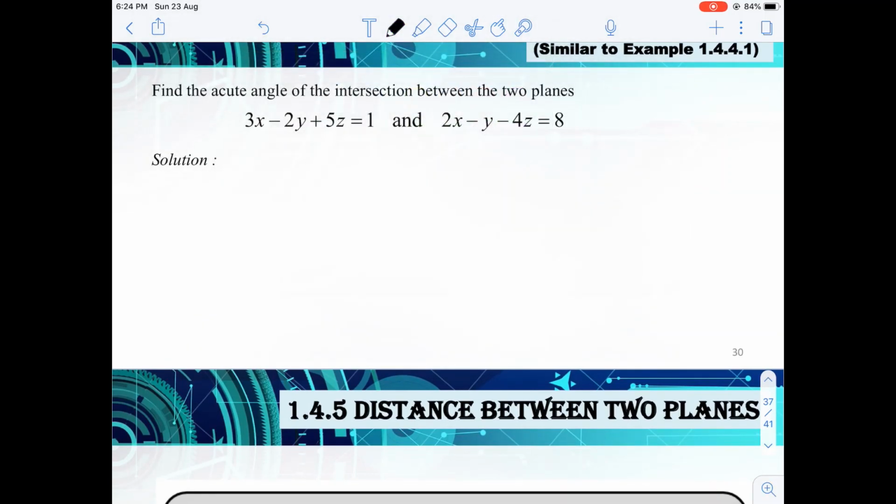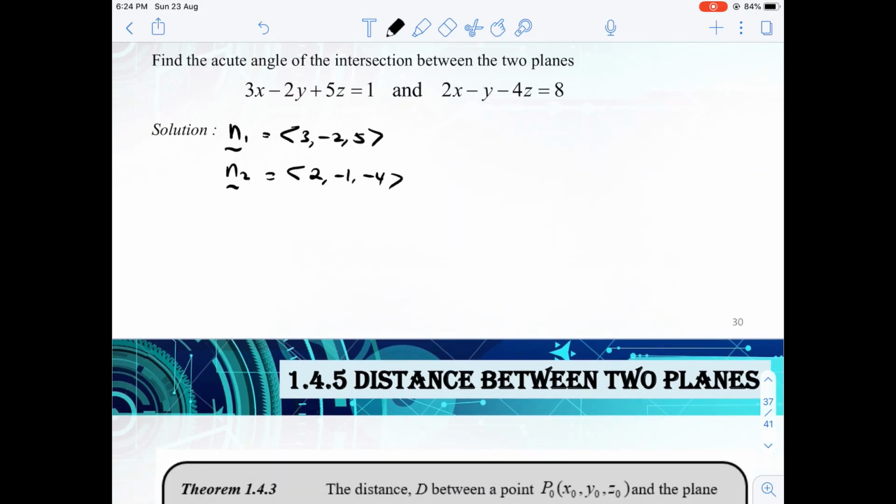So let's take out the information given. We have n1 equals 3, -2, and 5. And then n2 equals 2, -1, and -4. First, we need to find the dot product.